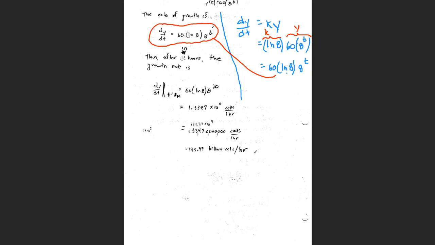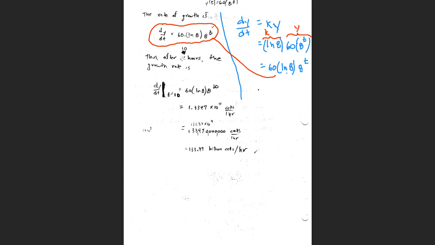And so after 10 hours, the growth rate is, okay, well, what's the growth rate? What we have to do is put in t equals 10 in the derivative. So find dy/dt when t equals 10.